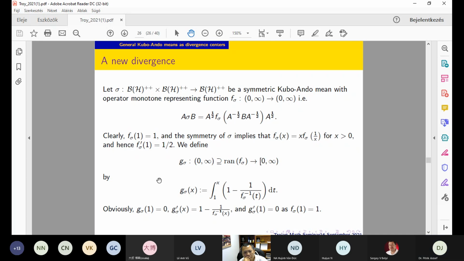So that's why we can use these properties of G sigma. Okay, so the symmetry is that the derivative of F sigma at 1 is 1/2. Is that correct? That is the only thing you use. I think so. Symmetry. Because other than that, F sigma at 1 is 1. That is just a property of the mean.